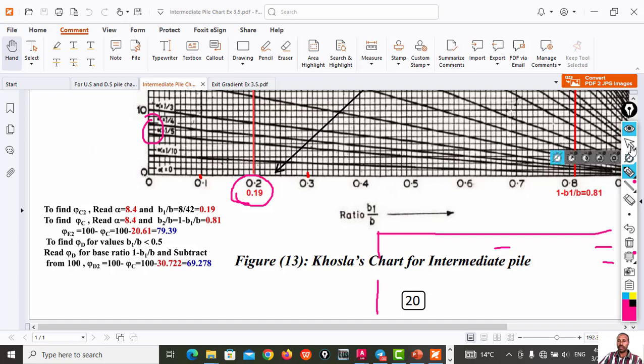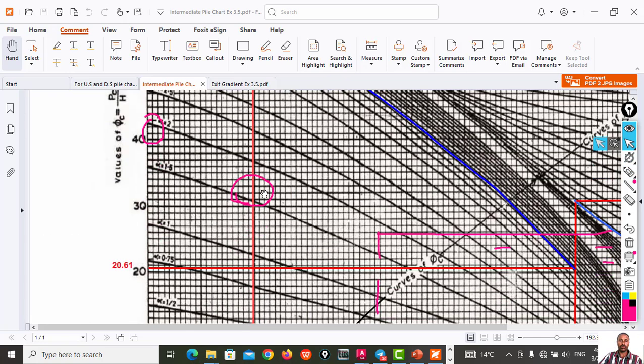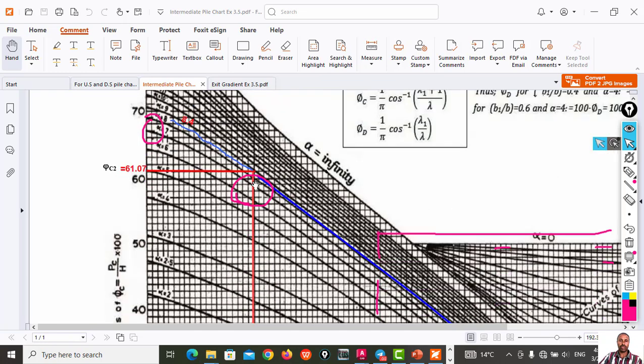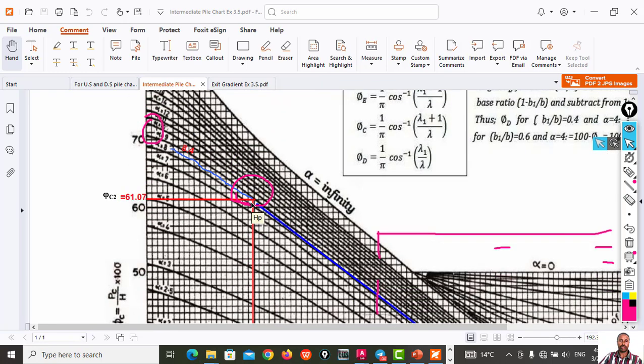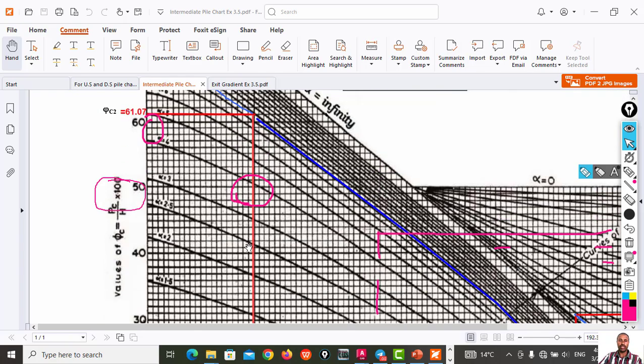Then finally, at this point, this is the intersection point of alpha 8.4 and B1 over B. So you get phi C2. Phi C2 you automatically read out from the curve. This is phi C2, curves of phi C. Clear?